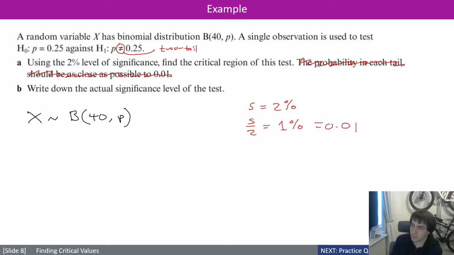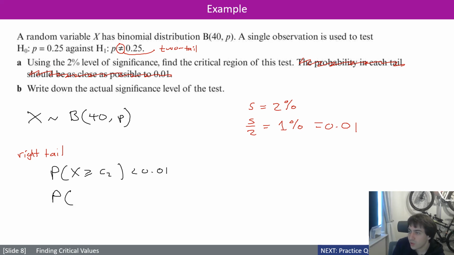And within our two-tail, our right tail has the following property: the probability of the random variable being greater than or equal to a critical value, let's call it C2 for the right, needs to be smaller than 0.01.